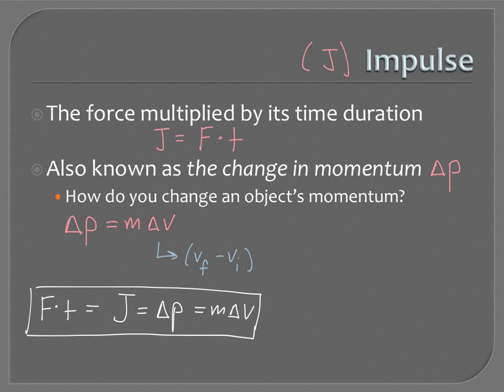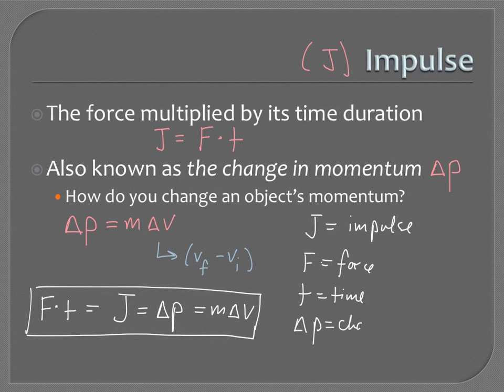And just a reminder, J is equal to impulse, F is force, T is time, delta is the change, so delta P is the change in momentum, M is equal to mass, and then there's delta V, which is change in velocity.